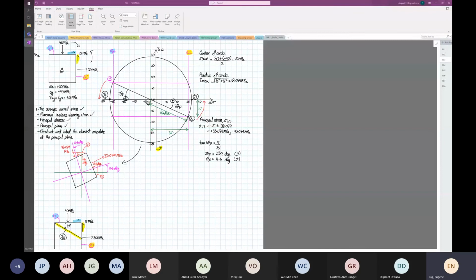On the Mohr circle, it's going to be 60 degrees. So from the center of the circle, I'm going to eyeball 60 degrees. It looks like this.